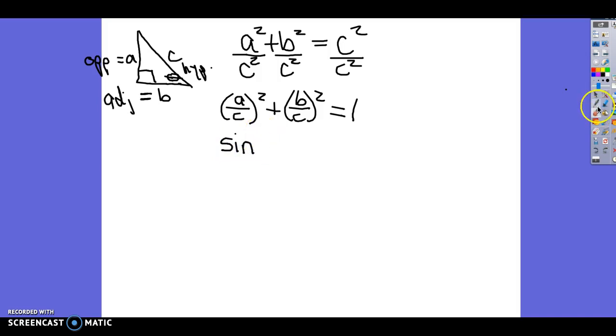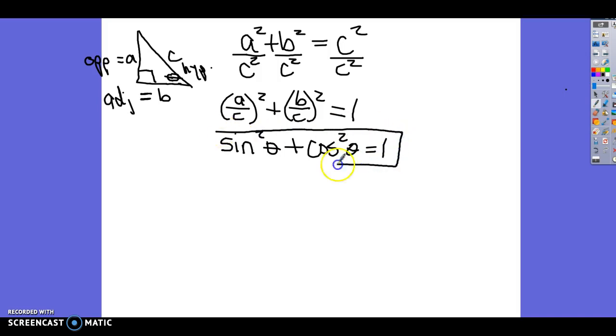So we can say sine squared theta plus, and we've got b, our adjacent, over our hypotenuse, which is our cosine. Still have the squared, equals 1. Okay, so that's our first Pythagorean identity.